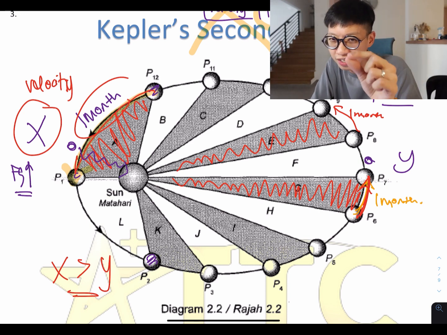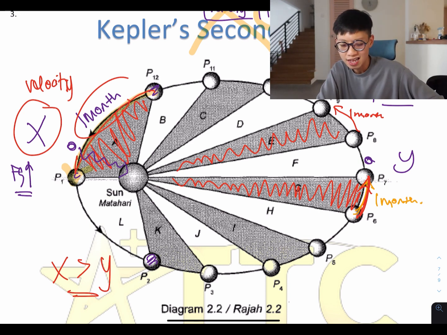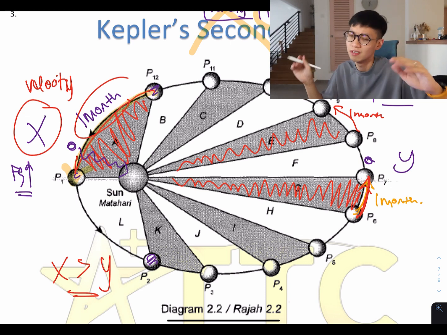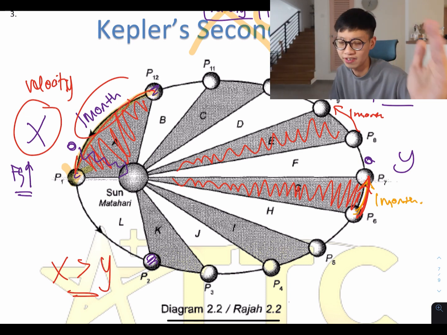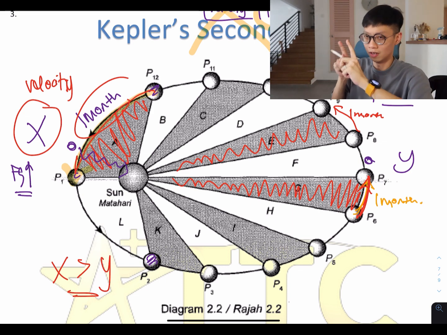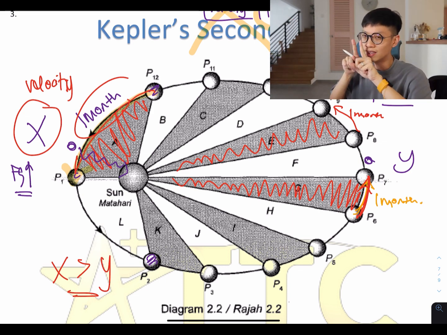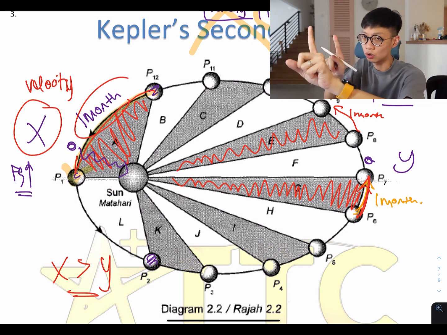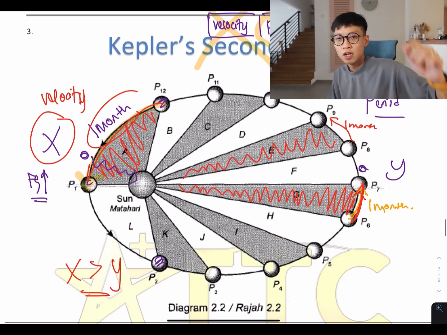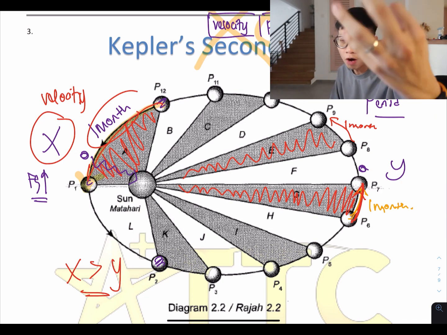Y moves so little, obviously Y is very slow. X moves so much, obviously X is much faster. Two people, the one that runs faster will always travel further. The one that runs slower will always travel a shorter distance. So this is your third common mistake.